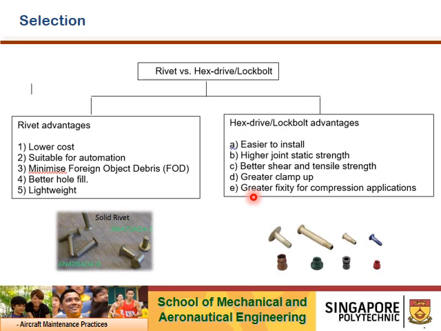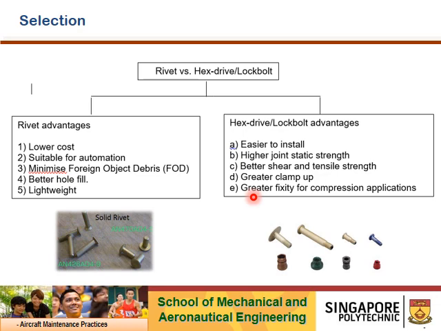We are comparing the installation of rivet versus hex drive or lock bolt. The advantages of rivet installations are lower cost, suitability for automation, minimizing foreign object debris during installation, better hole filling, and lighter weight as compared to hex drive bolts or lock bolts.